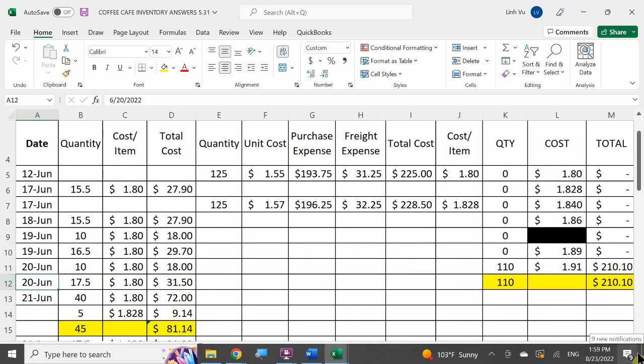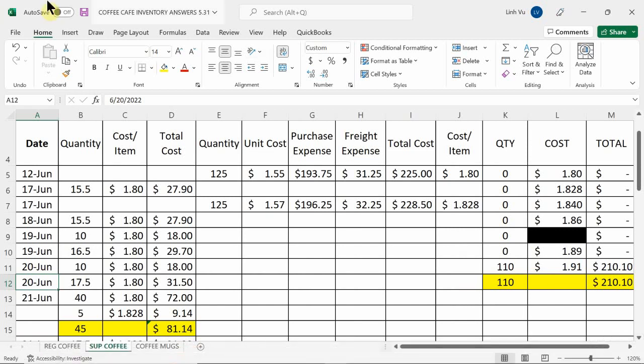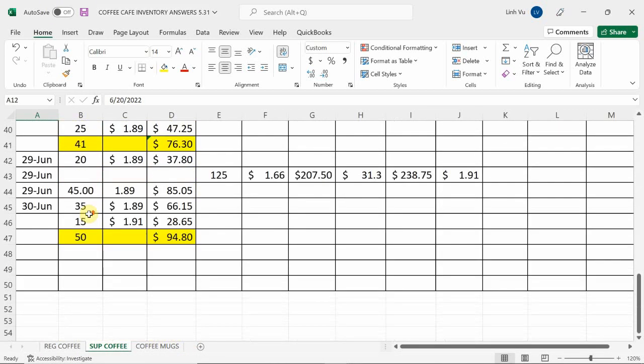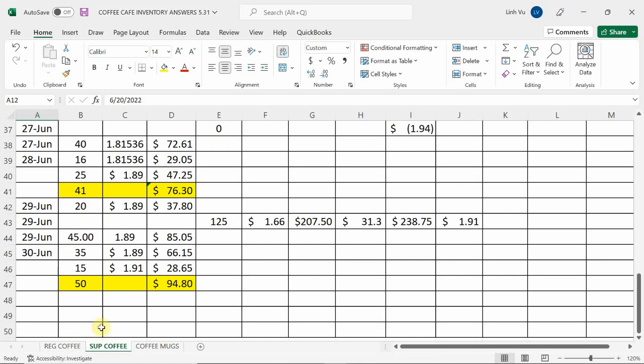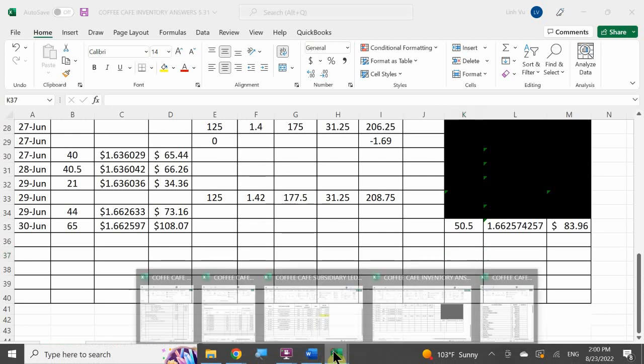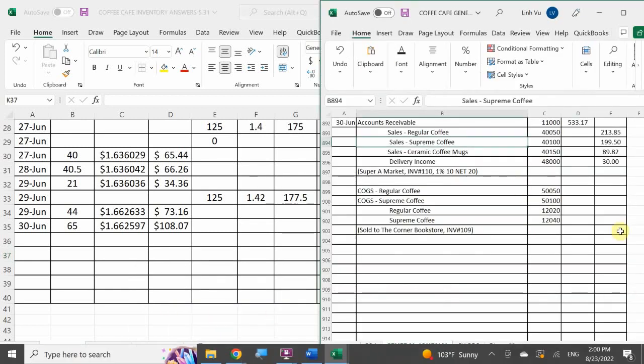So in this case, that looks correct. 210.10. Okay? So now I know that when I sold my coffee, I sold $94.80 of Supreme coffee and 108 and 7 cents for the regular coffee.